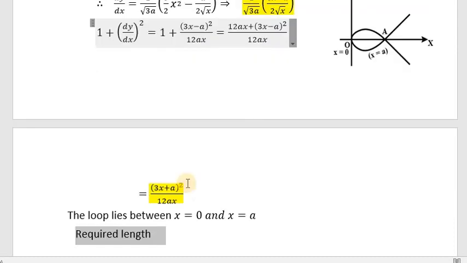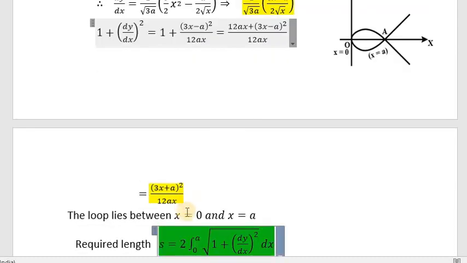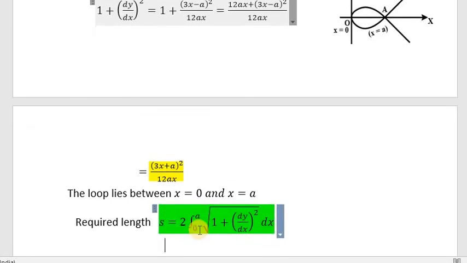Hence, the required length is equal to 2 times the integral from 0 to a of root of 1 plus dy by dx whole square into dx, because the curve is symmetrical about the x-axis. In the first quadrant it varies from 0 to a, so if you take 2 times, we get the required length of this loop.